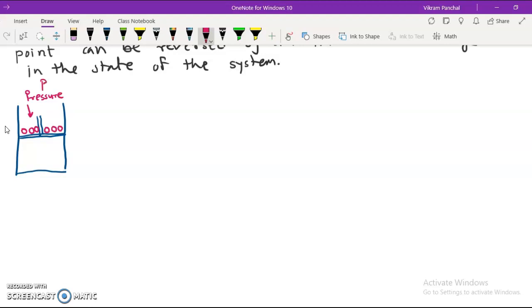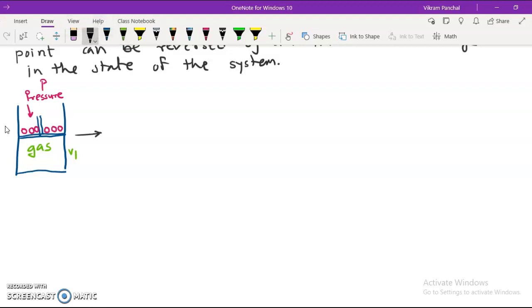Let us call this pressure P. The gas has a certain volume, let us call it V1. And these are small pebbles.